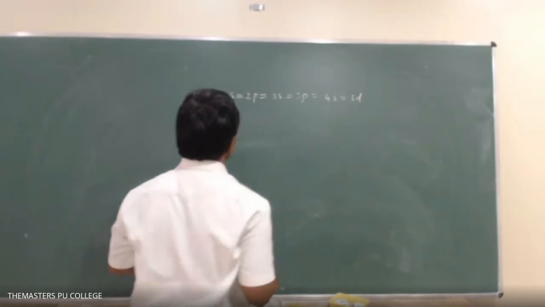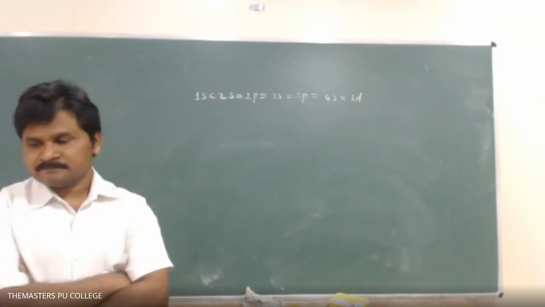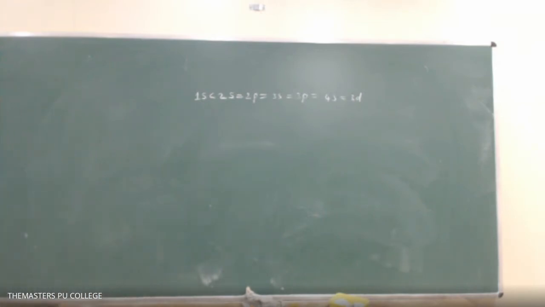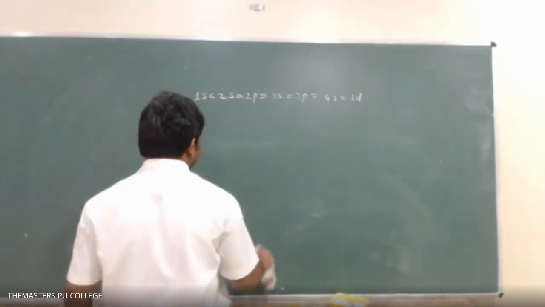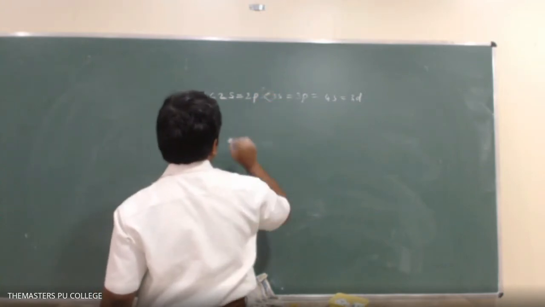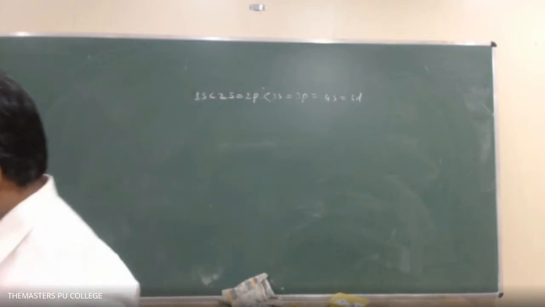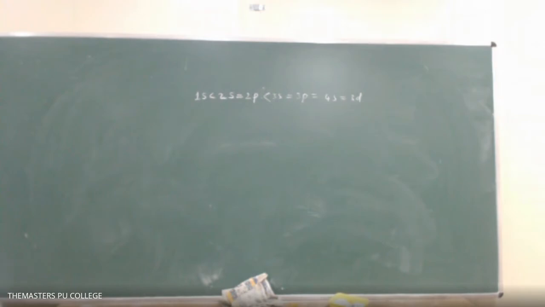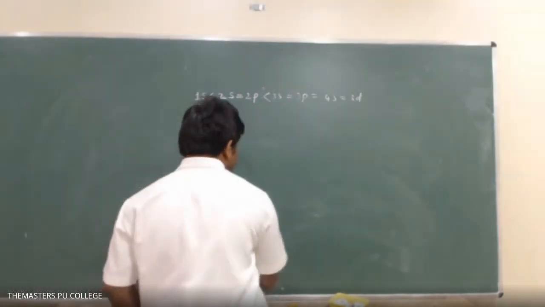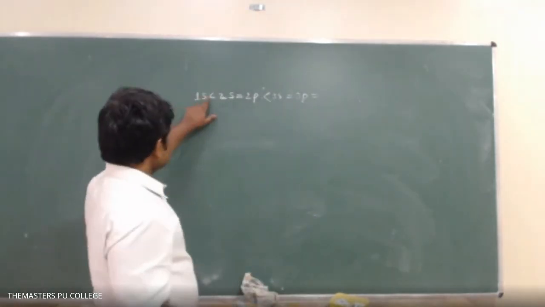For hydrogen atom, this is the sequence of n plus l values. 1s is less than 2s.